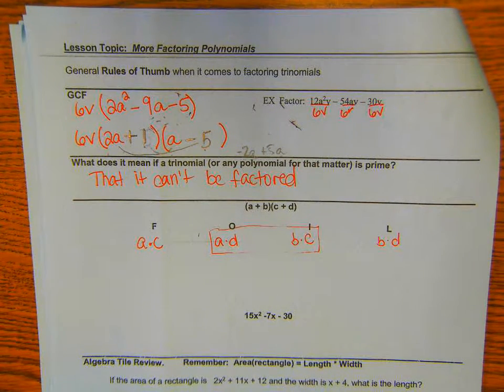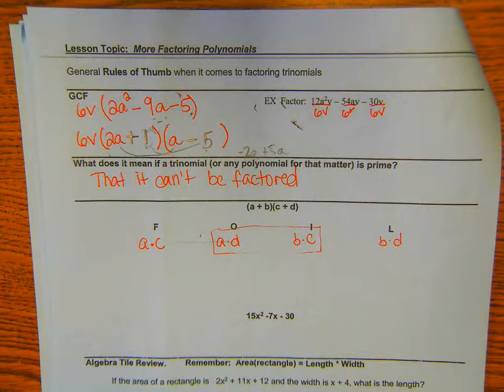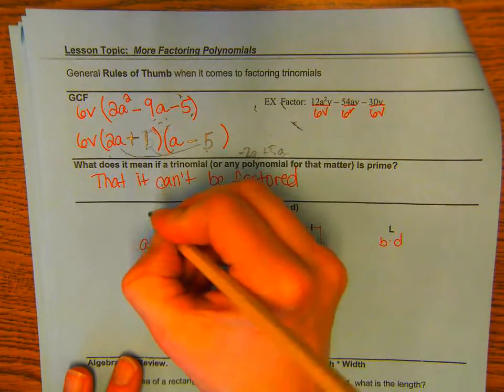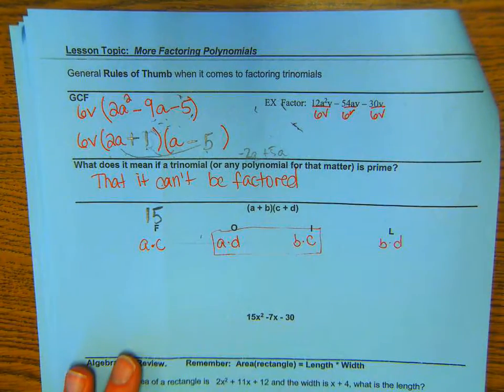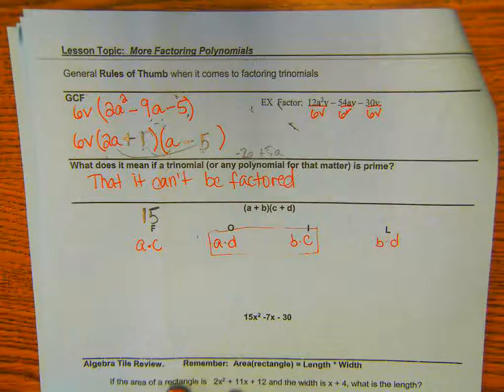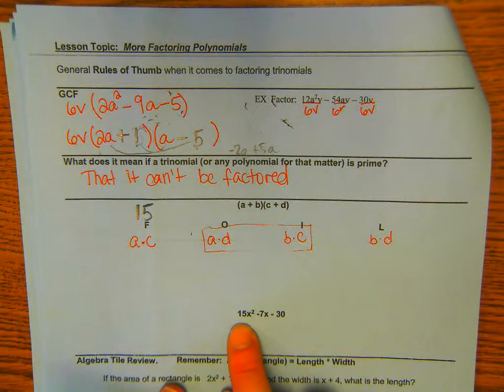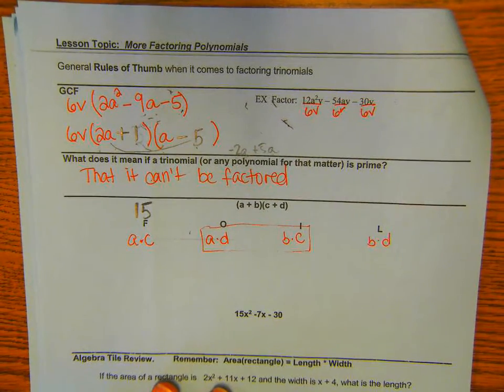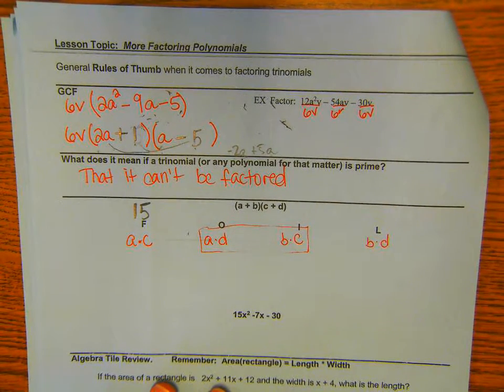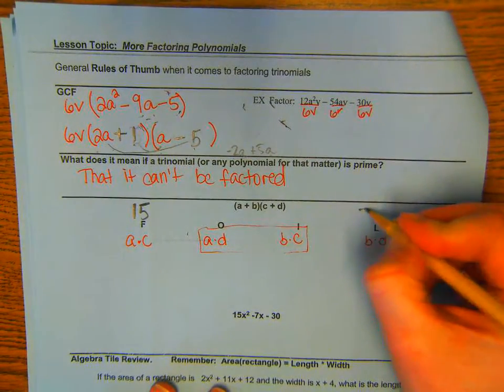No. Then what I am going to do is write down here a 15 up top above the firsts. Do you understand why I'm doing that? The firsts have to multiply to be 15. What should I write above the lasts? Negative 30. Good. Now, I don't know the outers and the inners yet.